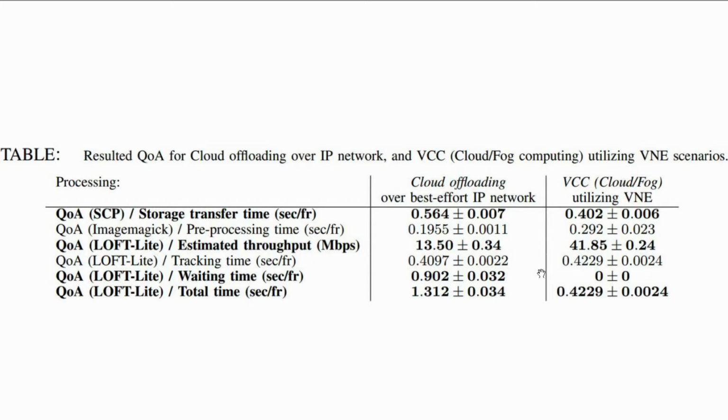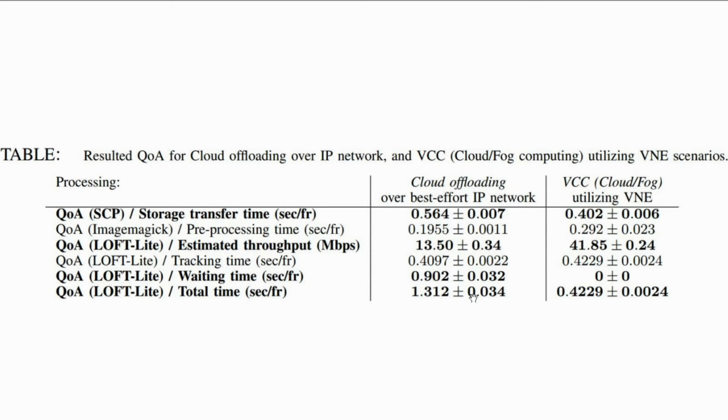Tracking time slightly differs in the VCC case, but is still about the same. As a result, estimated throughput is low, first of all due to congestion, and secondly, because we have to wait for preprocessing in the cloud offloading case before we do tracking. In our case, we can utilize the whole 40 Mbps pipe.